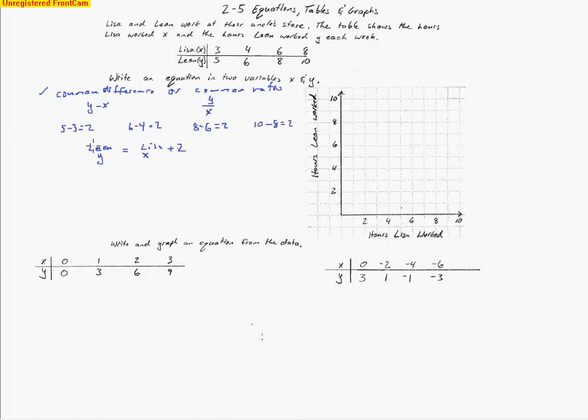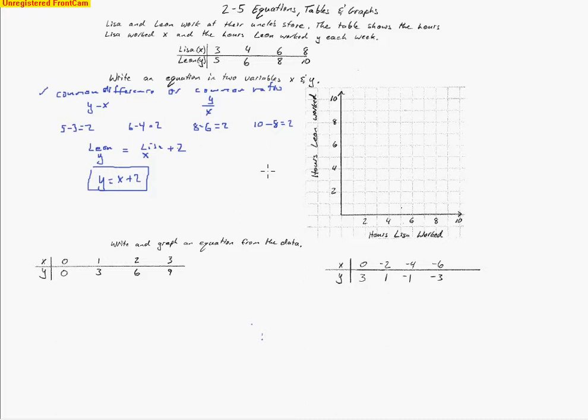And you see it works. 3 plus 2 gives me 5. 4 plus 2 gives me 6. 6 plus 2 gives me 8, and so on. So I'm going to write the equation as y equals x plus 2, where Leon's amount of hours worked is equal to Lisa's hours worked plus 2 hours. So that's the writing of the equation.